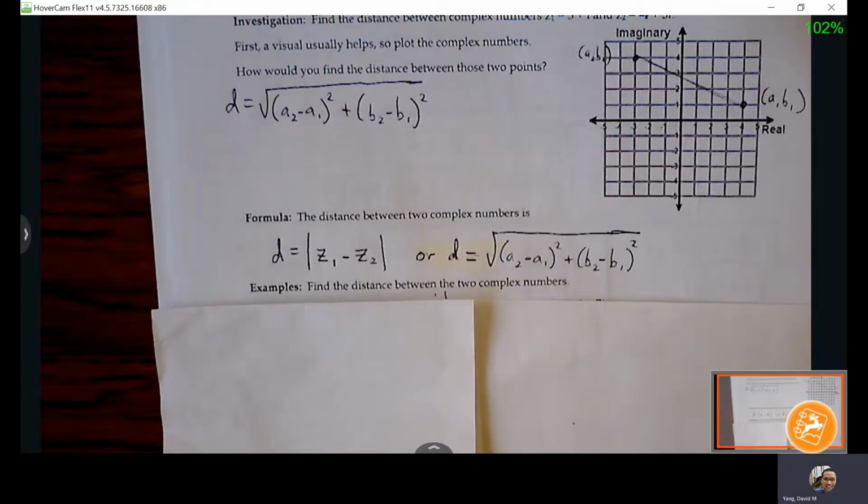What we're going to do there is subtract the real number portion, and then we'll also subtract the imaginary portion. I'm going to walk you through those steps, and give you a chance to copy that down first.